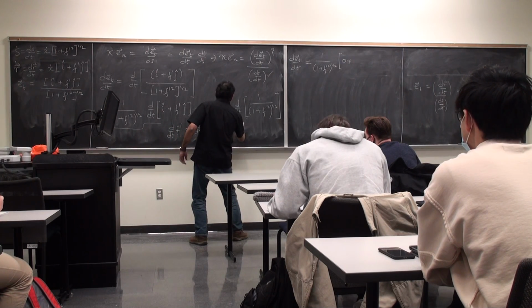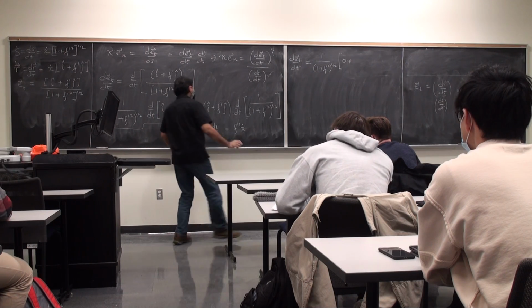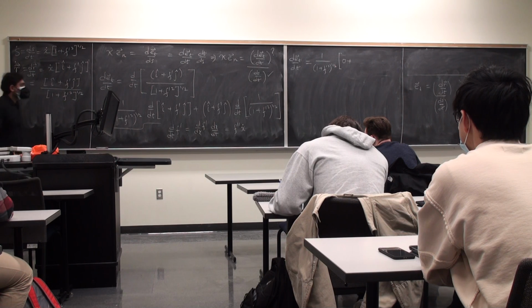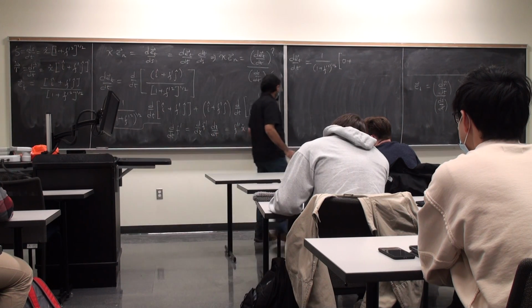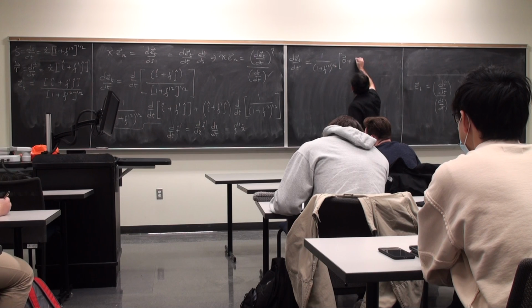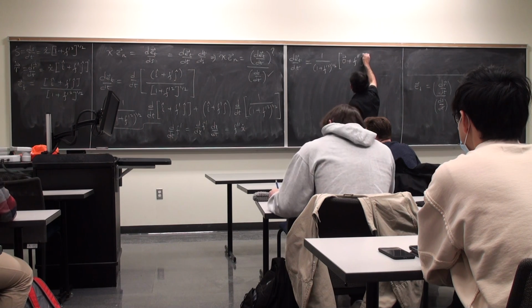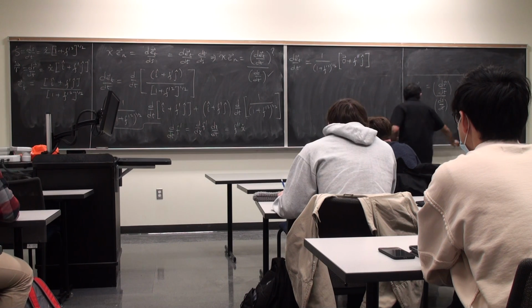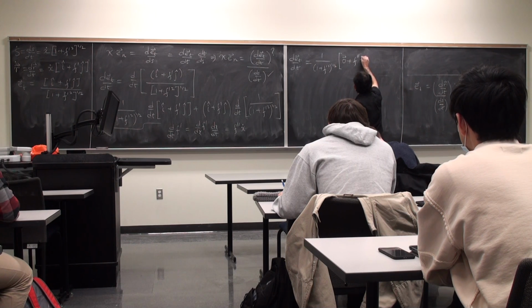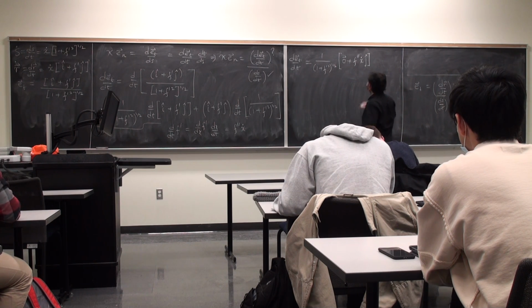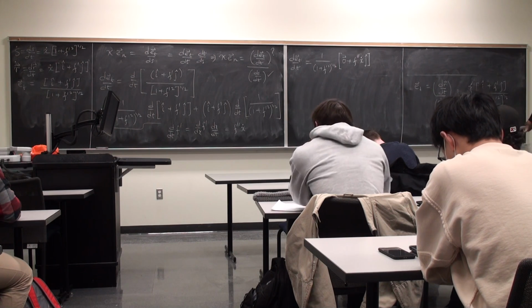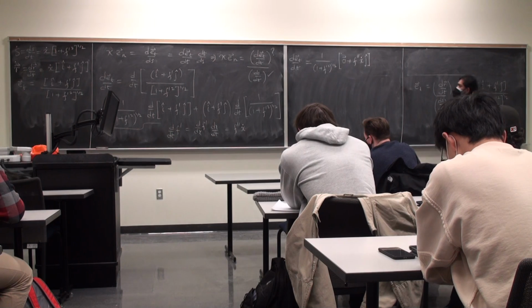This is f double prime x dot. So this is 0 vector, and then f double prime x dot. Make sense to everybody? Chain rule, that's all I'm doing here, multiple times.